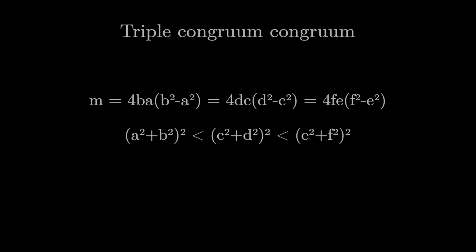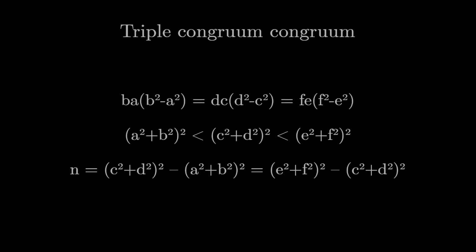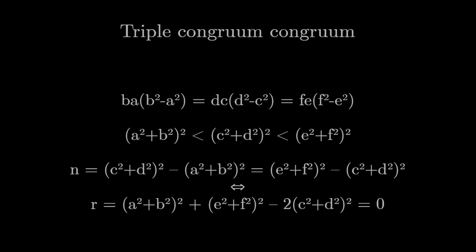So that means if we write it a little simpler by dropping the constant 4, we have to find numbers A, B, C, D, E, F verifying these equations, and such that N, written like so, is well defined. So that means the number R, which we could call a remainder, equals 0.